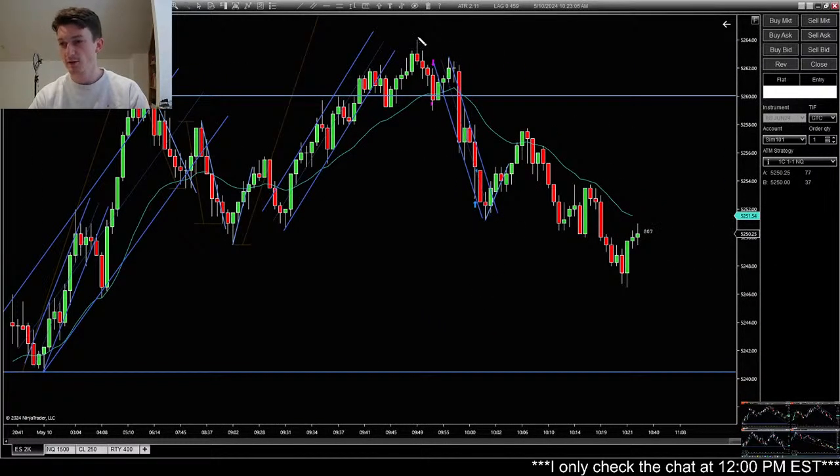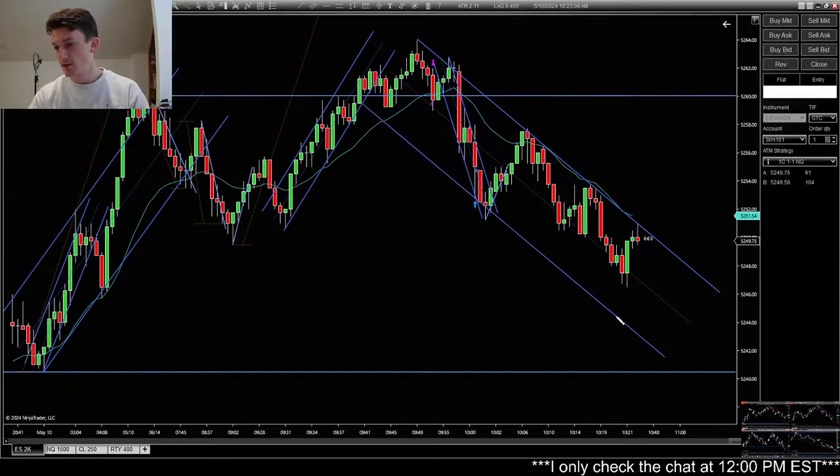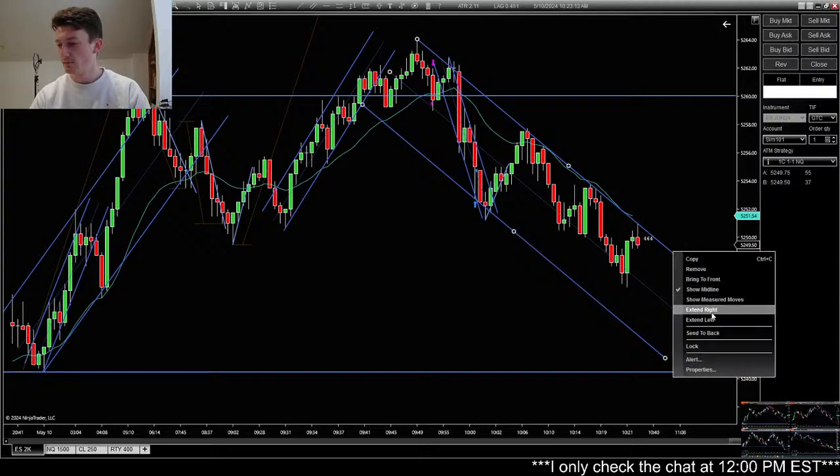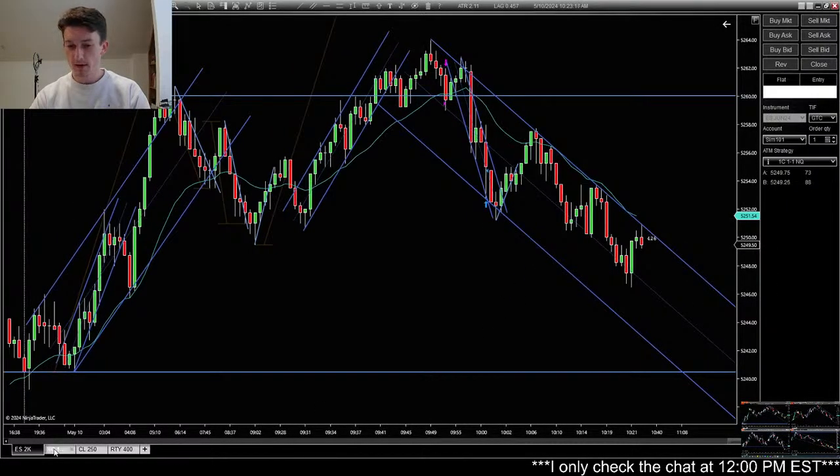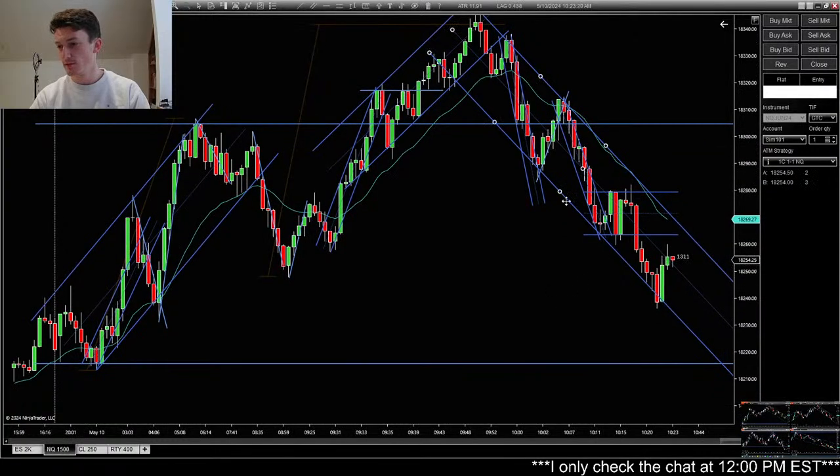I didn't think it looked right on the ES, but it is actually looking pretty right. That there. And on the NQ, still this one. Possibly just down a little bit there.